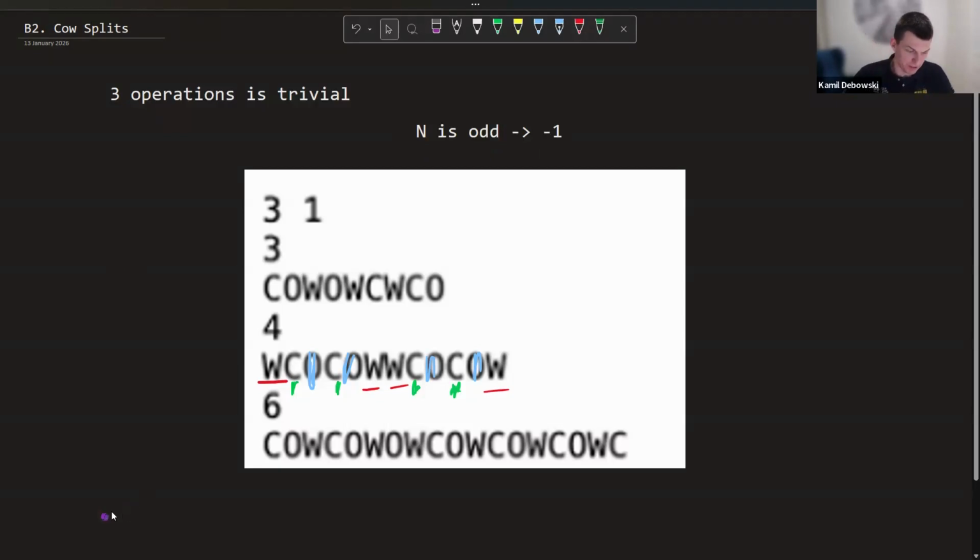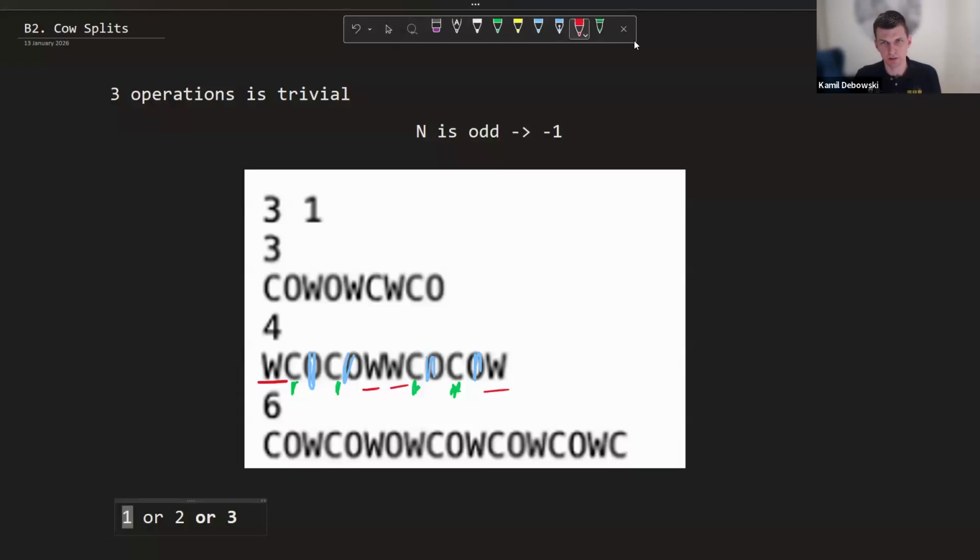Okay, but maybe 1 operation is possible, or 2 operations, or 3 operations. We know that 3 is possible, so that part is done. We need to figure out if 1 is possible and if 2 is possible. 1 turns out to be very simple. 1 operation means that at the same time we erase everything. For that, we just need to check if the first half of the given string is equal to the second half.